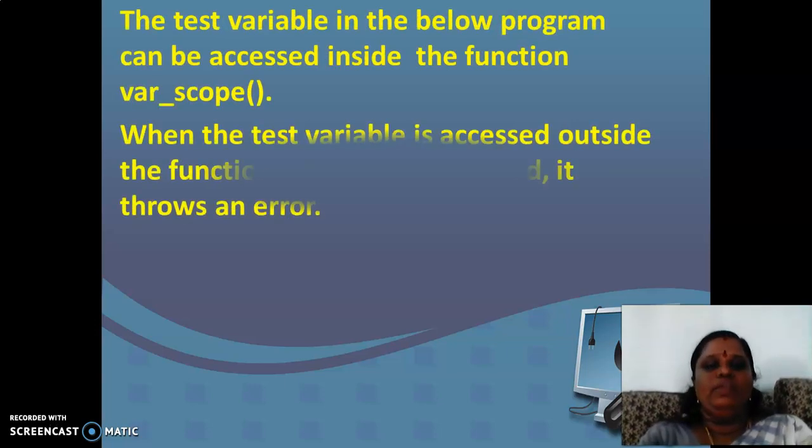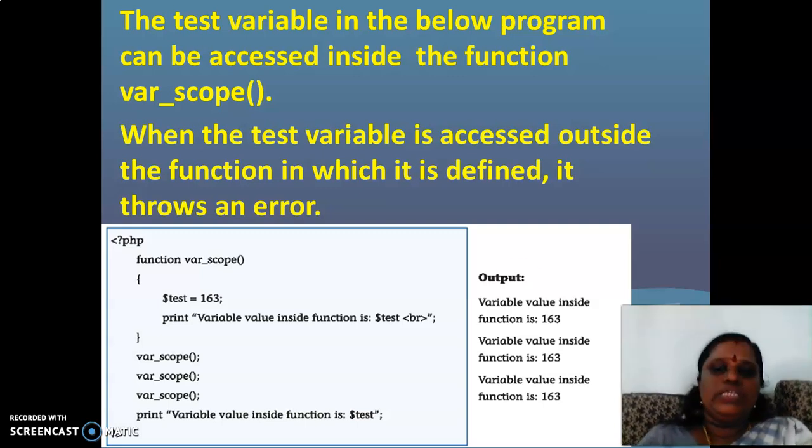Example program, see. In this example program, the test variable is declared inside the function called variable scope, isn't it? So the test variable is accessed inside this variable scope.